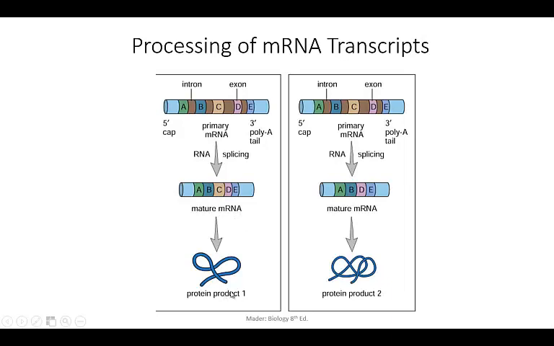In a different cell, or under different conditions, the cell may take different exons, maybe only A, B, D, E, or maybe A, B, C, E, or maybe just A and B. Okay? Any combination of those it can take, and it can make this a completely different protein product. So you can see, as the number of exons increases, the potential complexity increases exponentially.